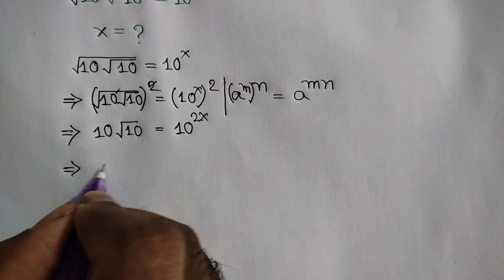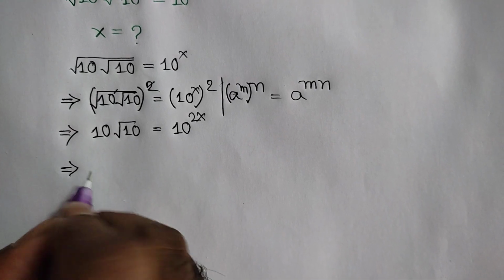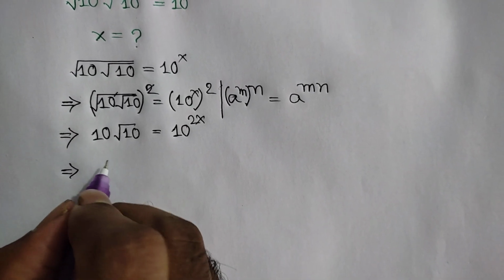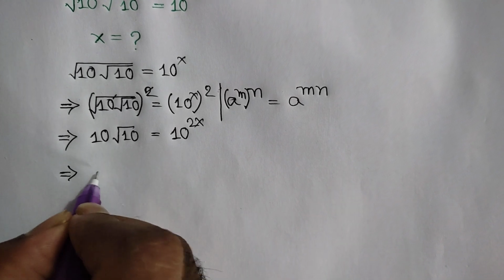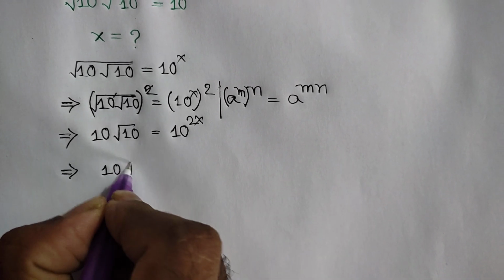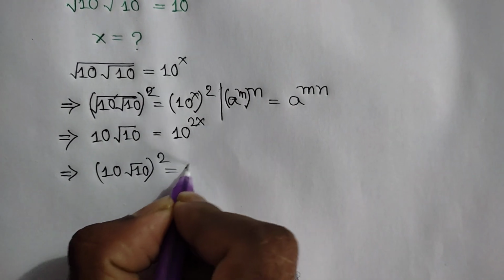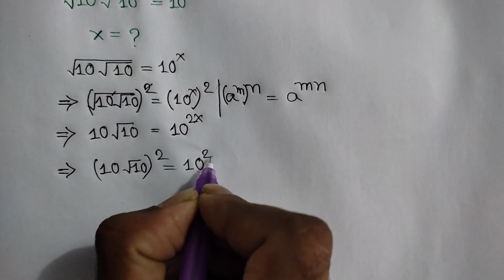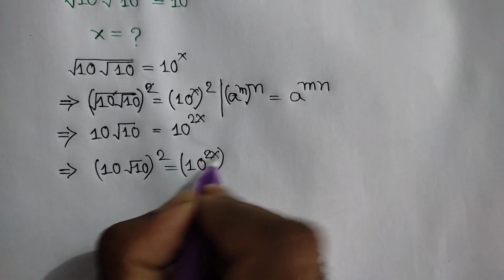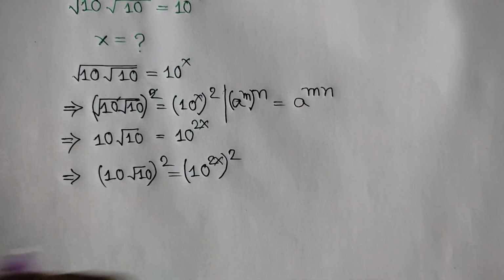Again squaring both sides, we can write 10 square root of 10 whole square is equal to 10 to the power 2x whole to the power 2.